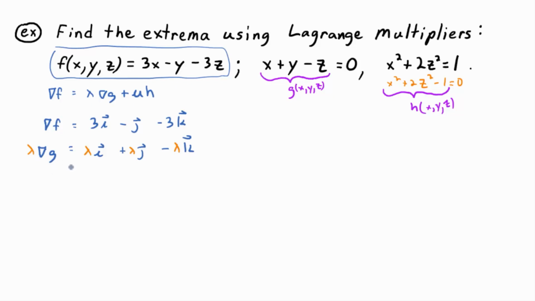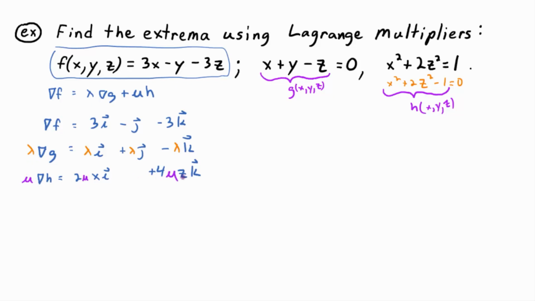And then what would del h be? 2, oh, I'm going to leave space there for the mu. Plus 0j, so I'm not going to write it down. And then plus 4zk, lining up the correct components so we don't misjudge something. And then we'll use mu here.